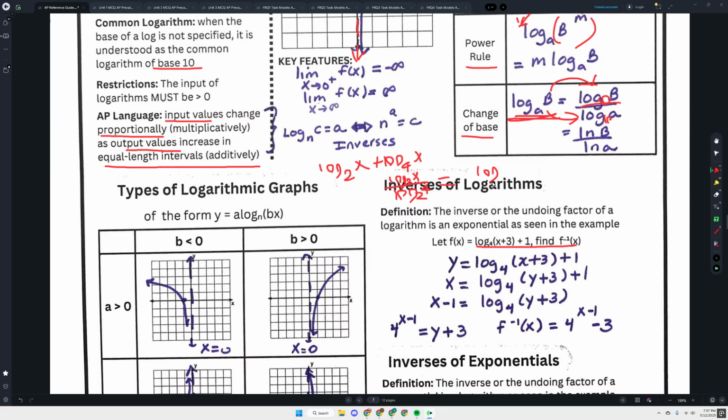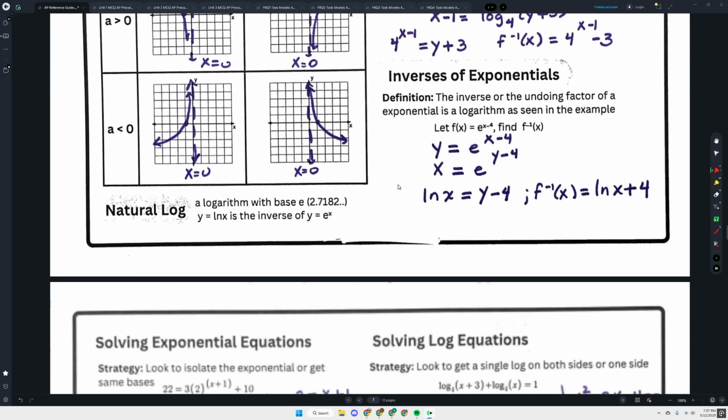So now we can say log 2 of x plus log 2 of x divided by 2. And now you can add them together with 1/2 in the numerator as the coefficient. So you can say log 2 of x times x to the 1/2, which is more simplified than this.